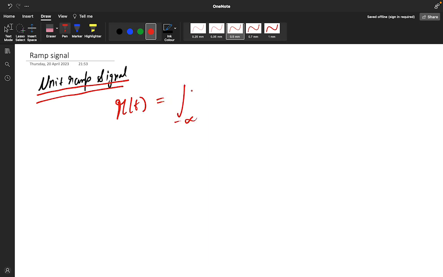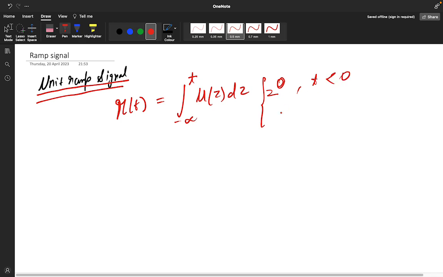From minus infinity to t, we are integrating u of tau into d tau. U of tau, you can write u of t also, it's up to you. And what is the meaning of this? It's 0 when t is less than 0, and it's t when t is greater than 0.